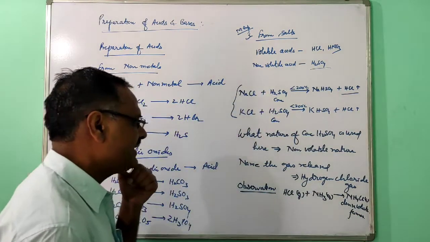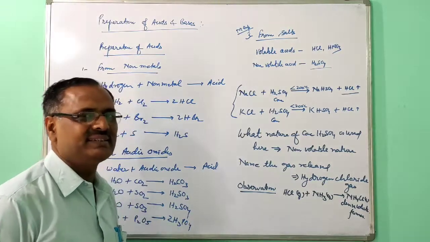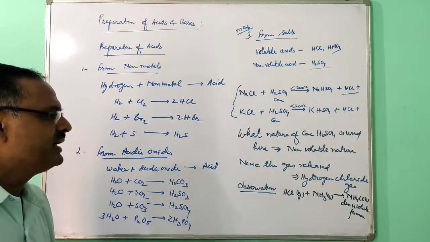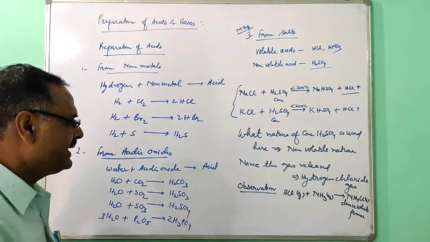So what you will say here, that a colorless gas is released, it gives a dense white fume with a glass rod dipped in ammonium hydroxide.